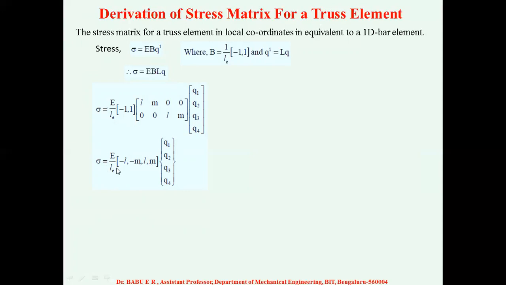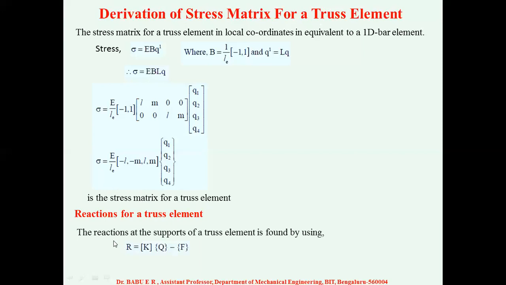So E into 1 by LE, into minus L, minus M, L, M, into Q1, Q2, Q3, Q4 is the stress matrix for a truss element. The next one, we can find out the reactions for the truss element. It is similar to the bar element. The reactions of the supports for a truss element are found by using R equals K into Q minus F. That is the equilibrium equation.